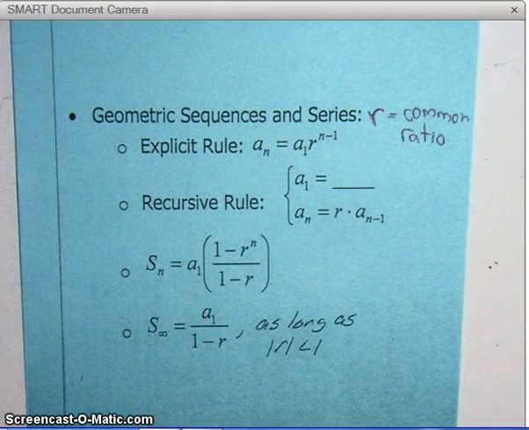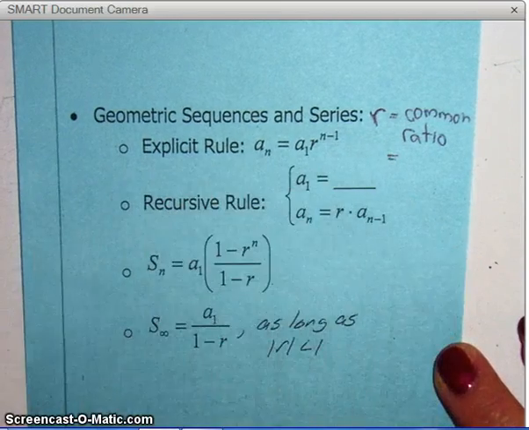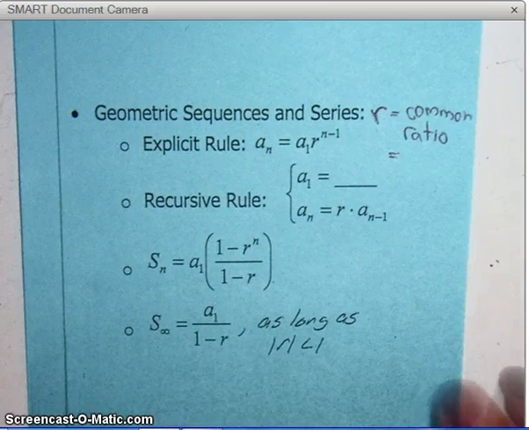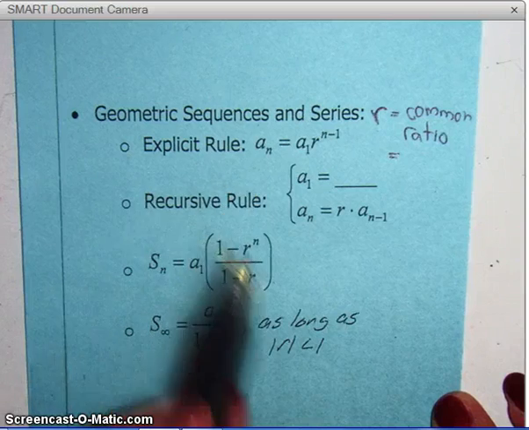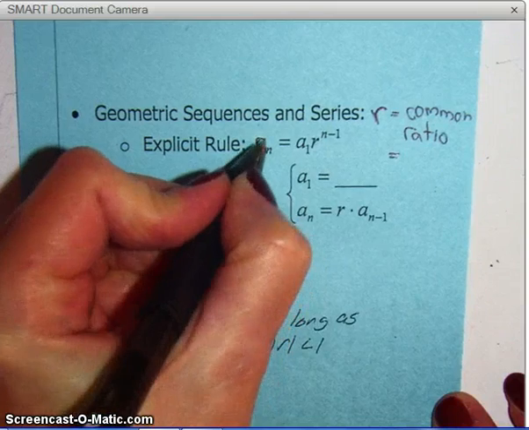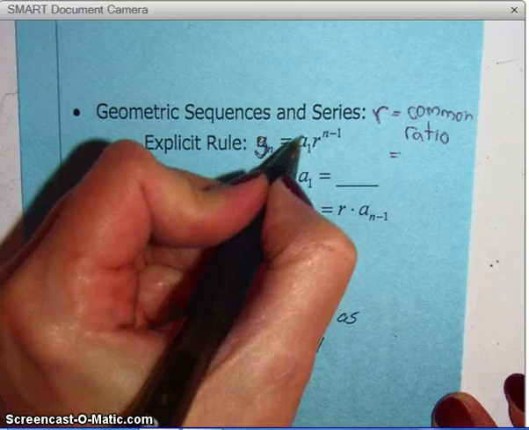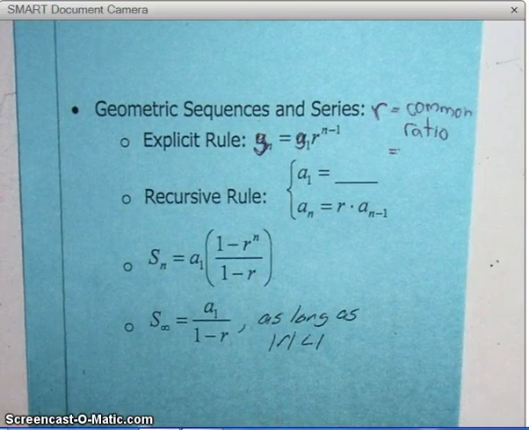Okay? And R is found by. Now, we're going to change the letters here a little bit, guys. I don't like it that they use A's for a geometric sequence and series. I prefer we use G sub n for geometric equals G sub 1 times R to the n minus 1.